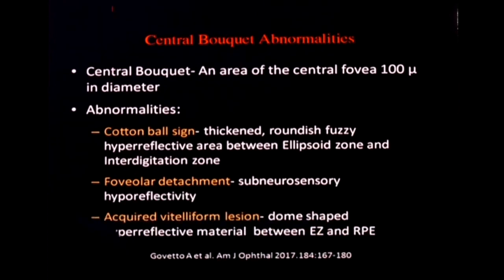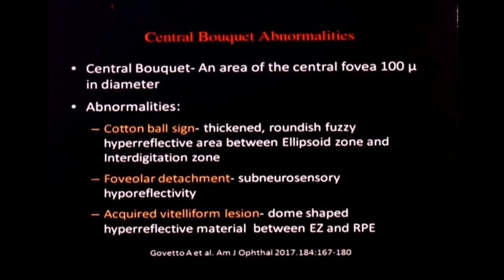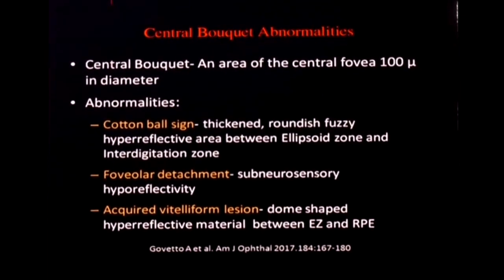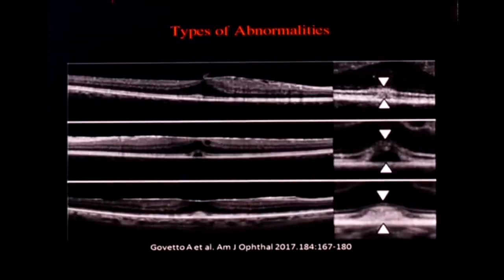The abnormalities that happen when this area is subjected to traction are the cotton ball sign, which is a thickened hyperreflective fuzzy area below the ellipsoid zone and above the interdigitation zone. Foveolar detachment is a subsensory neurosensory hyporeflectivity at the fovea, and an acquired vitelliform lesion is the name given to a dome-shaped hyperreflective material accumulation that happens between the EZ and the RPE.